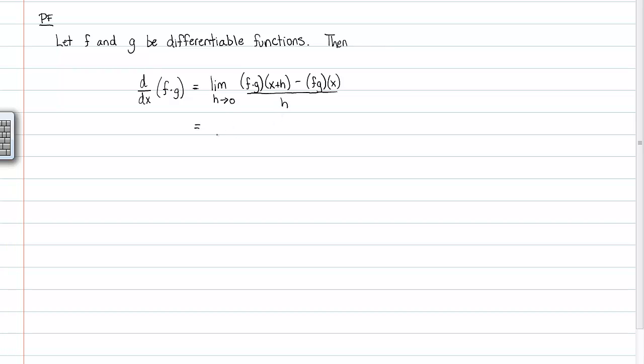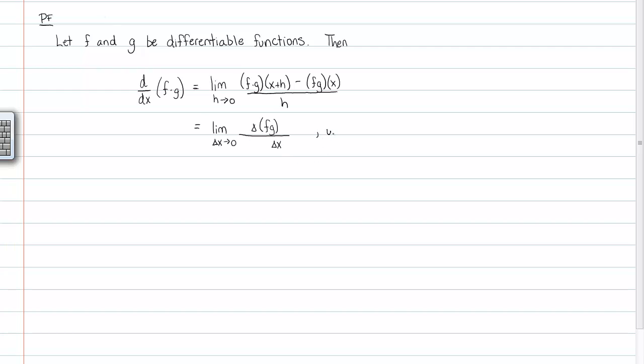And of course, this, as we wrote down earlier, is the limit as the change in x approaches 0. The denominator is just going to be our change in x, and the numerator will be our change in output. And I might have to justify that for some people, so I'll shorten up that fraction bar a little bit too.